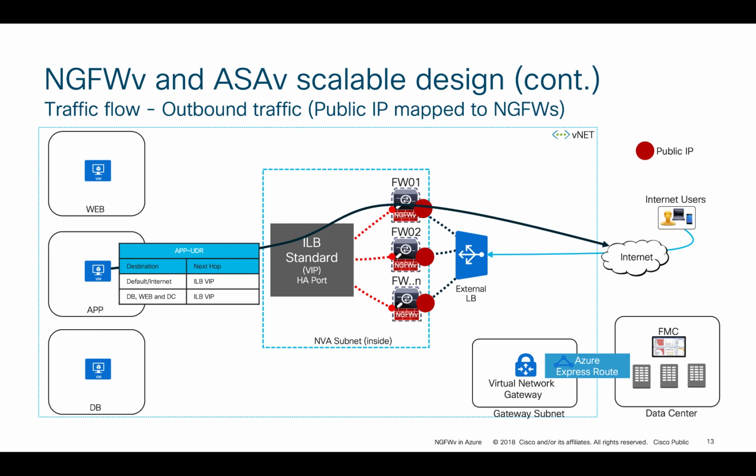Whenever there is outbound flow, traffic will be forwarded to the firewall, and this time the firewall will translate it to the external interface, and instead of sending it to the external load balancer, traffic will go straight to the internet. So here you are not restricted by your load balancing rules. Any traffic that is coming from inside will definitely go to the firewall, and the firewall will forward it to the internet directly rather than sending it to the external load balancer.